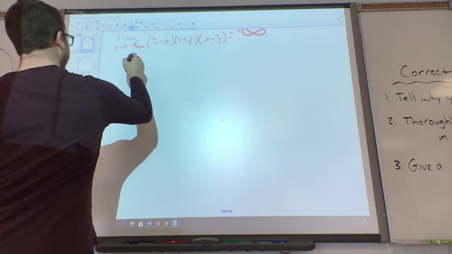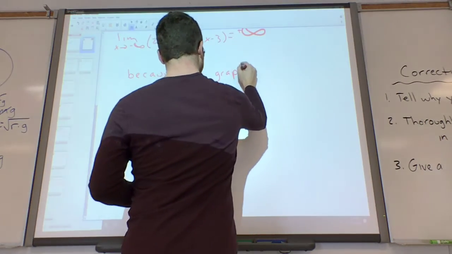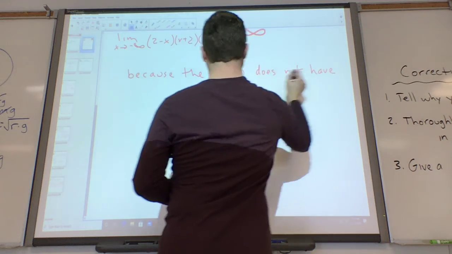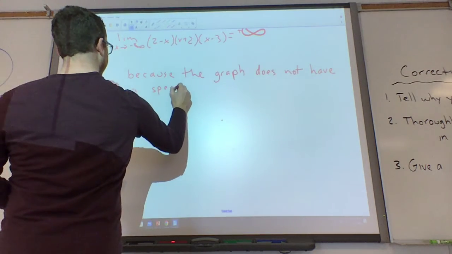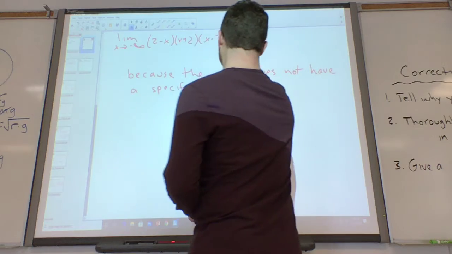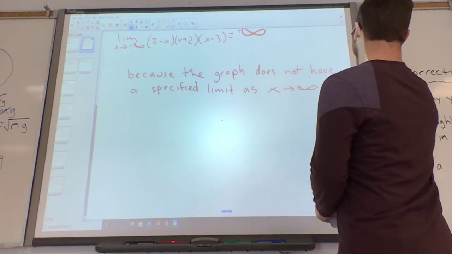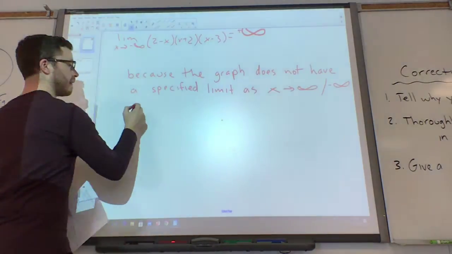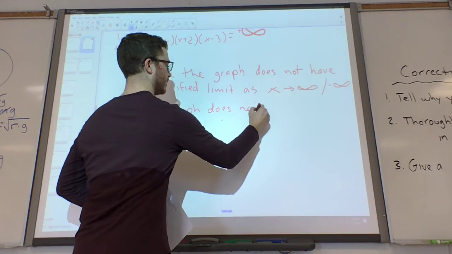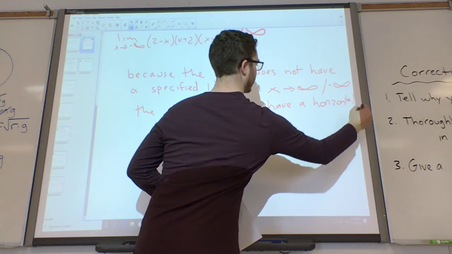Okay, so because the graph does not have a specified value, or limit, sorry, as x approaches infinity / negative infinity, the graph does not have a horizontal asymptote.